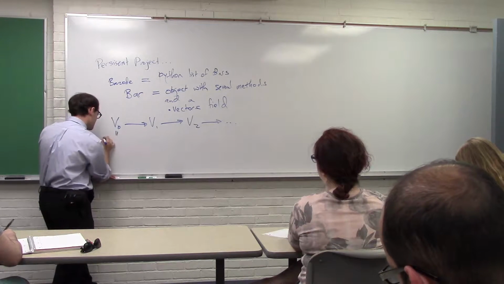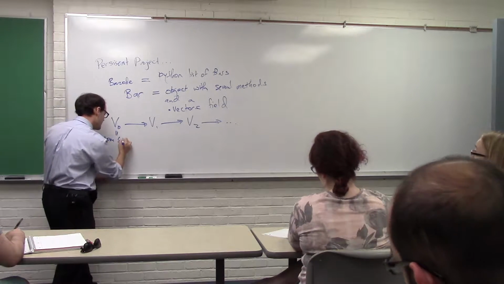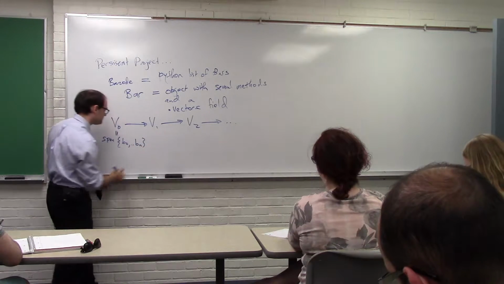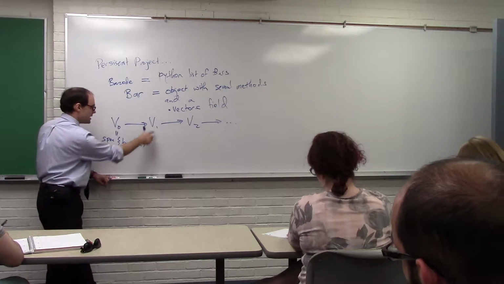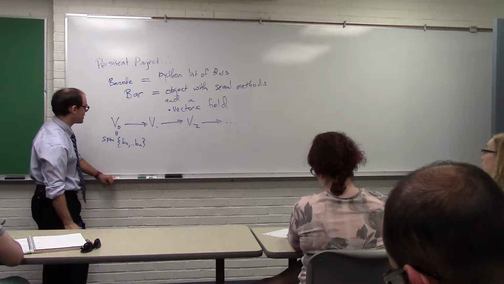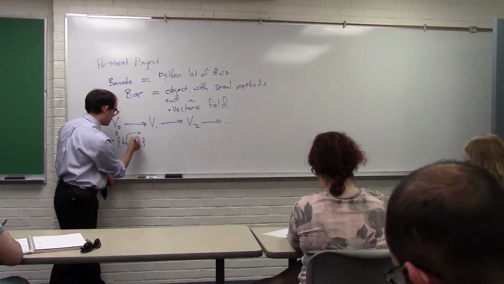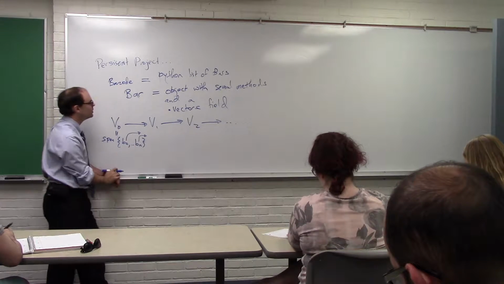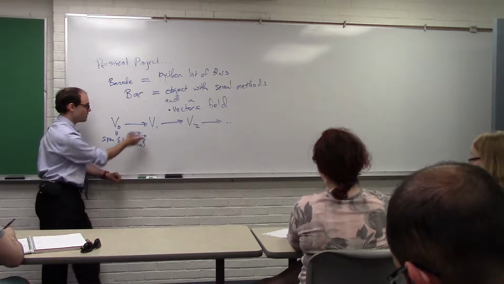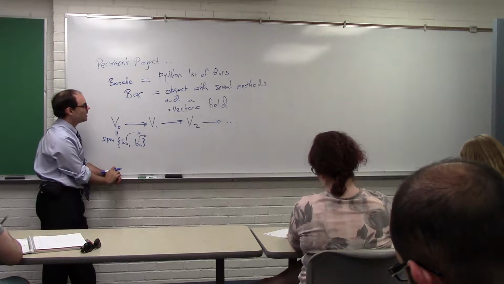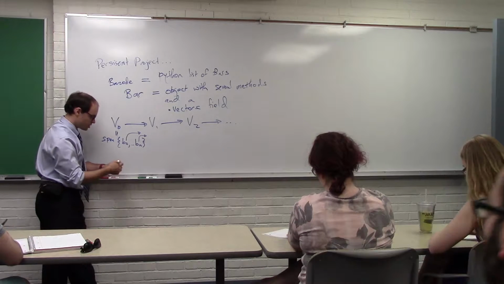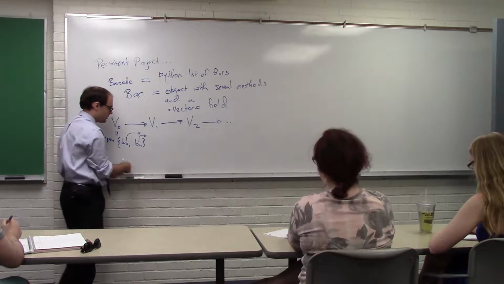So V0 is equal to the span of B0 up to Bn. And this one also has a span, but I'm interested in knowing where each of these basis vectors go when they go into V1. And so what the bar object is supposed to do is track the single history.